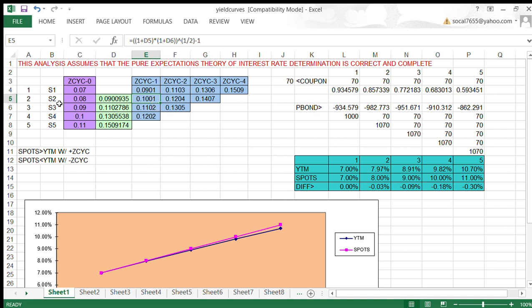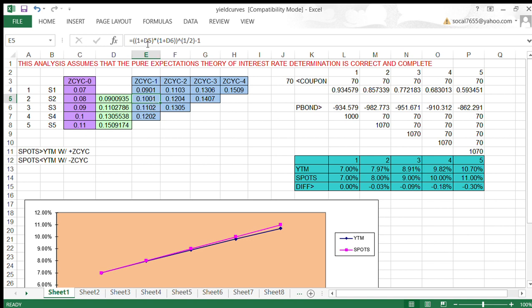Remember, the 2 period spot rate in existence right now is 8%, but the one expected to be in existence at date 1, 1 period from now, based upon this information and this very important assumption, is 10.01%.